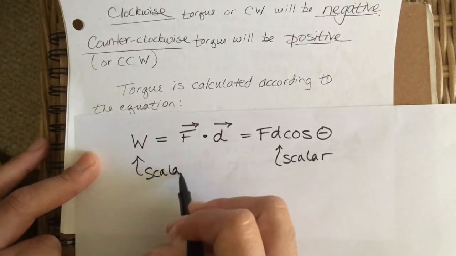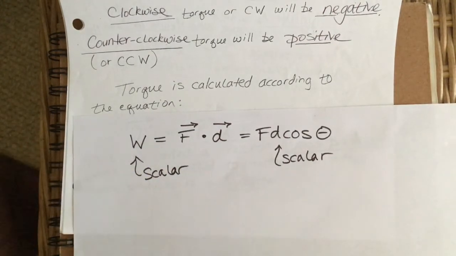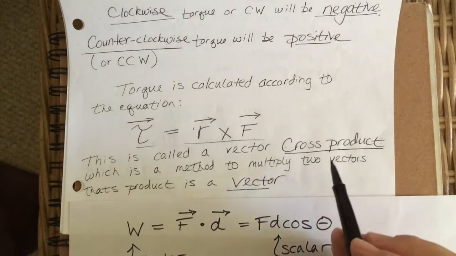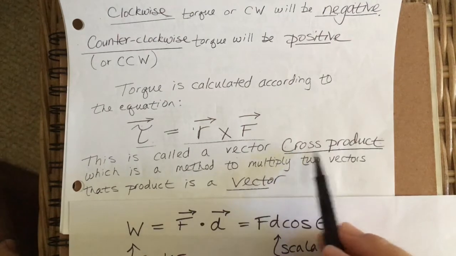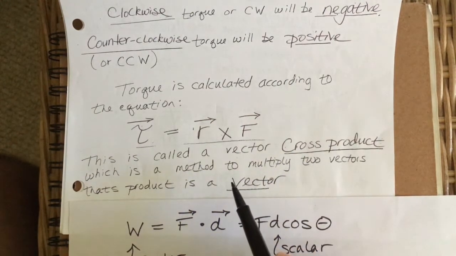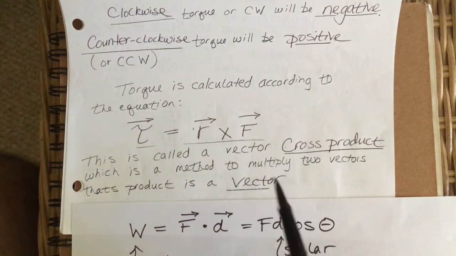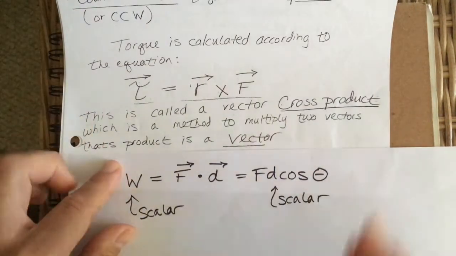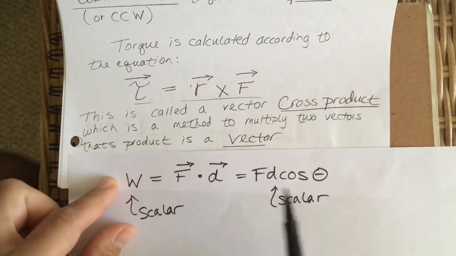You might say, well, it had a negative or positive sign, but that just meant that energy was gained or lost by the system. It didn't mean anything about the direction. Here we're going to multiply two vectors, but we're going to get a vector product. So we call this a cross product because it's different: now when we multiply two vectors, we get a vector, versus before with work and the dot product or the scalar product, we multiply two vectors and we get a scalar.